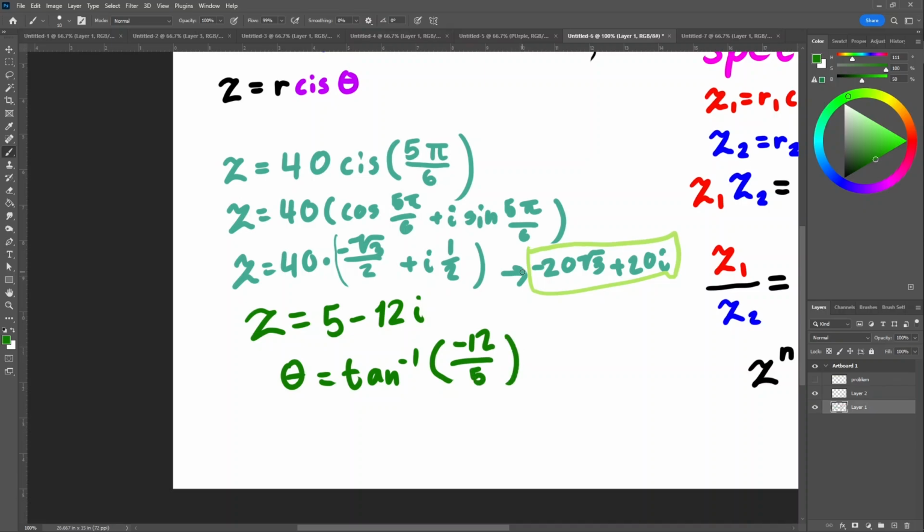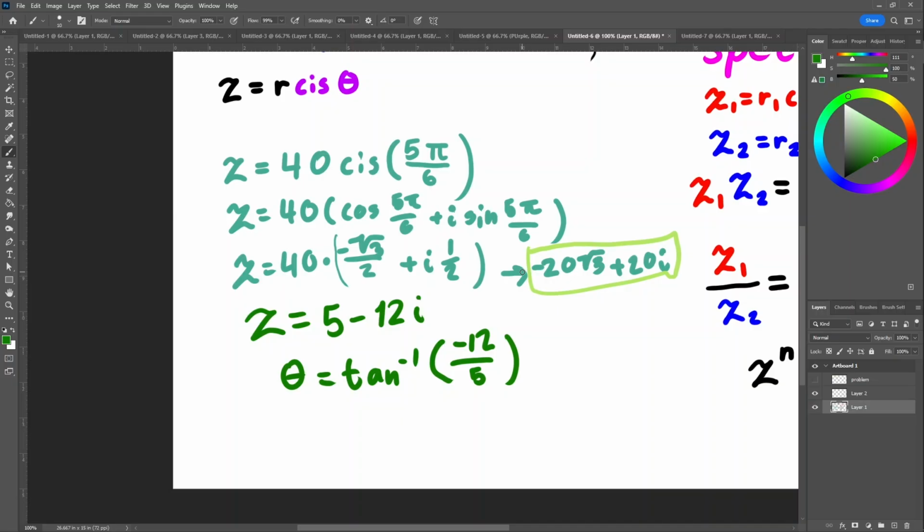And I have a feeling this is not going to be a nice number, although this is a triangle in which you could solve for the hypotenuse if you wanted to, since the hypotenuse of this triangle would be 13.